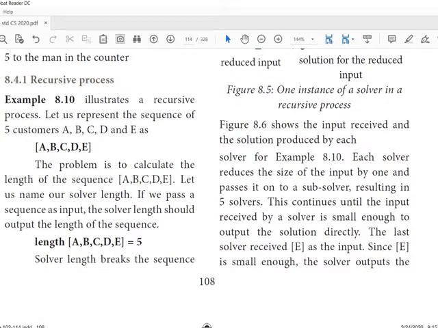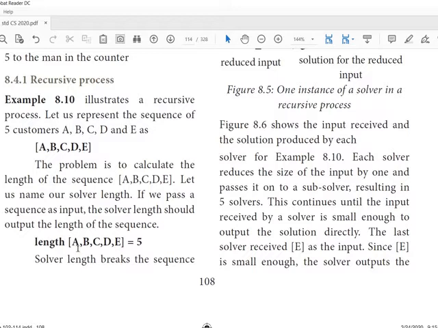Let us represent the sequence of 5 customers A, B, C, D and E as 5 variables. The problem is to calculate the length of the sequence. Let us name our solver length. If we pass a sequence as input, the solver length should output the length of the sequence.